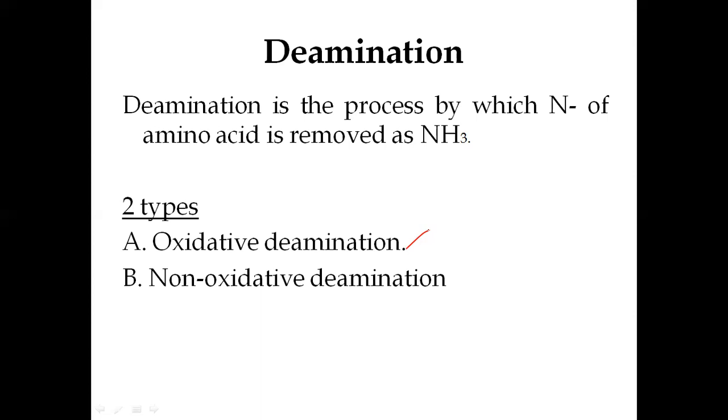Now we'll see. We know the tissue has L amino acids. These L amino acid oxidases are auto-oxidizable. They have the flavoprotein, that is the FMN, which is auto-oxidizable.